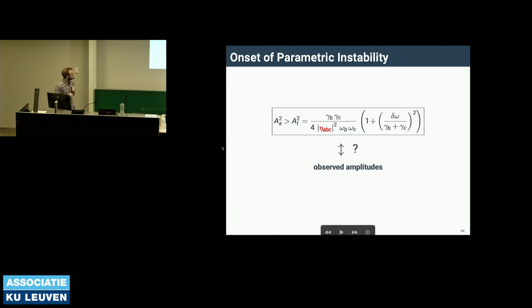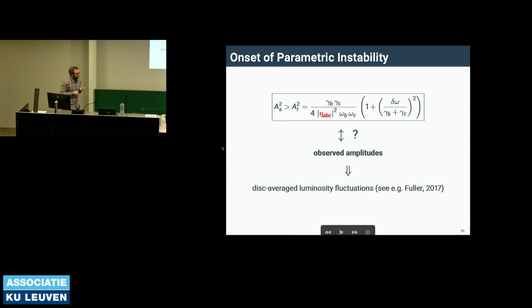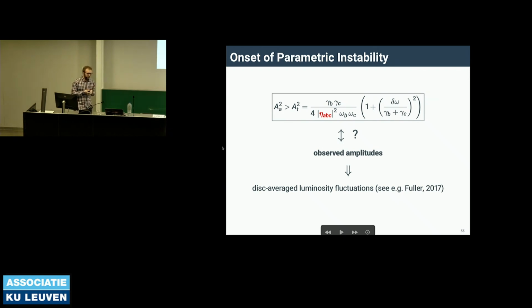So these are theoretical amplitudes. How do we then compare that with observed amplitudes? We have to use some sort of disk averaging, because the signal that we obtain with our telescopes is of course disk averaged, and it's also a luminosity fluctuation. It's not necessarily an inherent amplitude of our waves. There's a nice formalism here in Fuller 2017, which I'm also not going to explain right now.